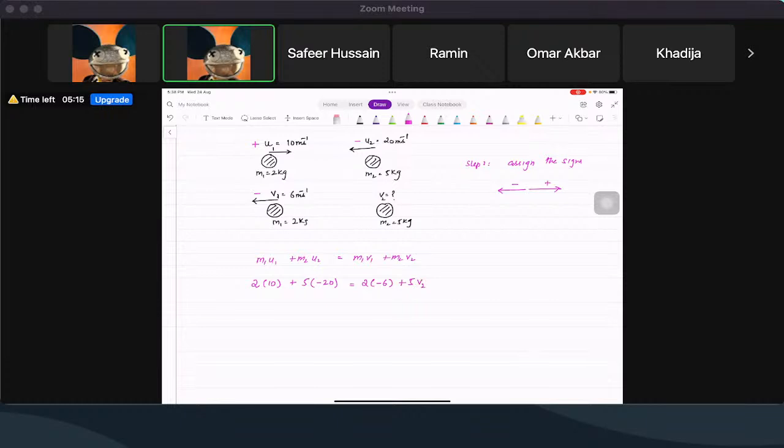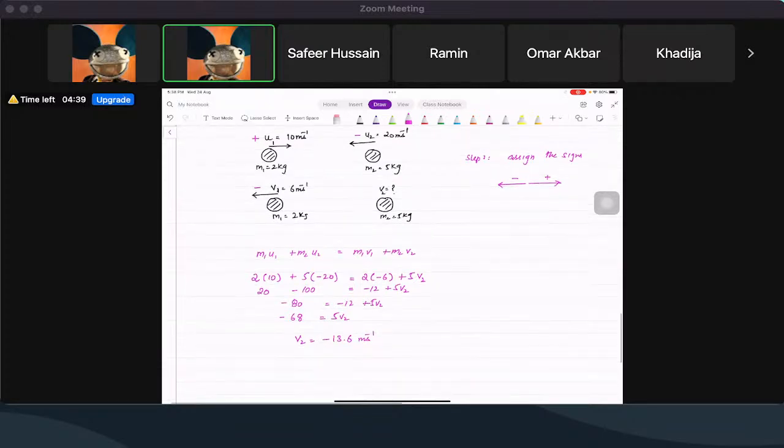Okay, now this is going to be 20, this is going to be minus 100, this is going to be minus 12 plus 5 v2. So this is going to be minus 80 equals minus 12 plus 5 v2. You take minus 12 over, it is going to be minus 68 equals 5 v2. And now if you divide by 5, you should get an answer of minus 13.6 meters per second.